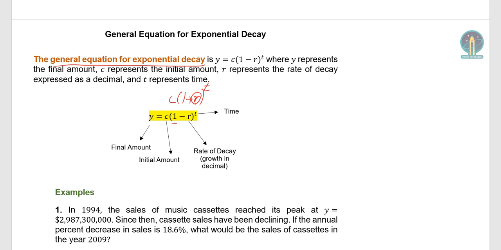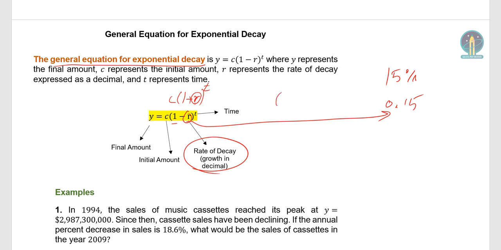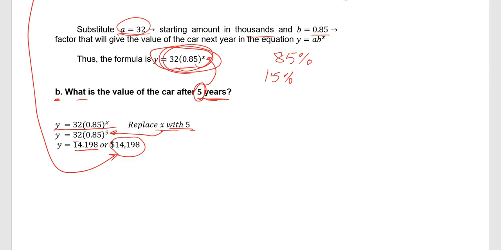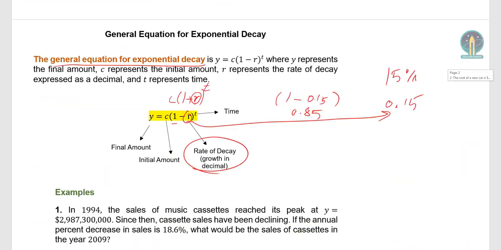Here we have 1 minus r, where r is the rate of decay in decimal form. If I tell you that something is decaying at 15%, you convert it to a decimal, so r is 0.15, then 1 minus r is 1 minus 0.15, or 0.85. Exactly just like we had in this example. This is where we got the 0.85 from. Hopefully this was clear.